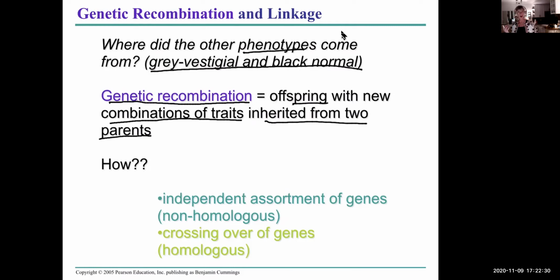So we are recombinants. You and I are genetic recombinants because of the independent assortment of non-homologous genes. Well, there is another way to get a recombination, and that is crossing over of homologous genes or homologous chromosomes.